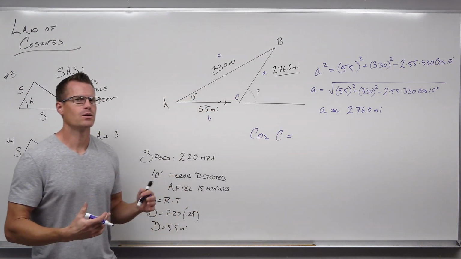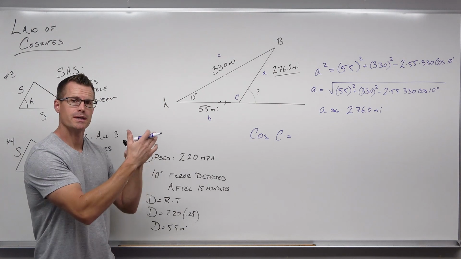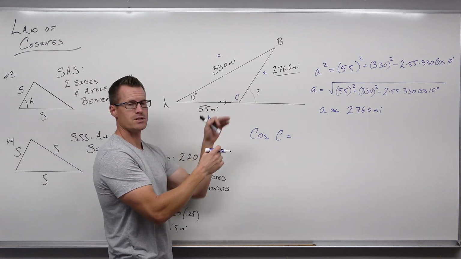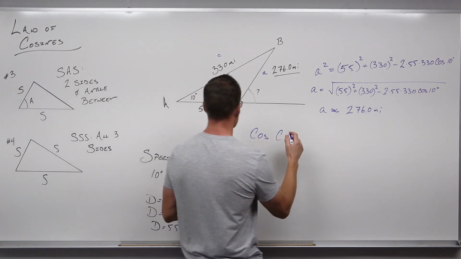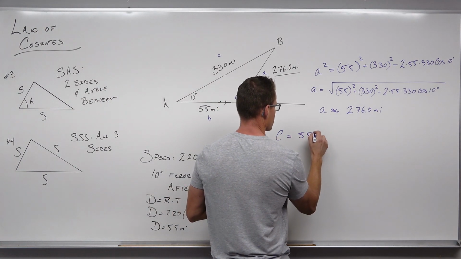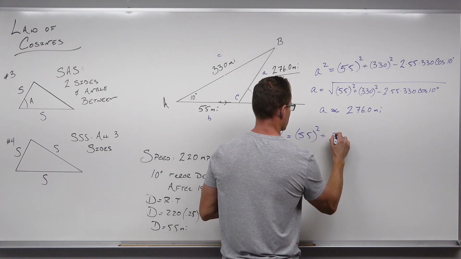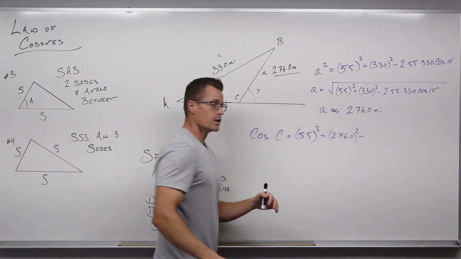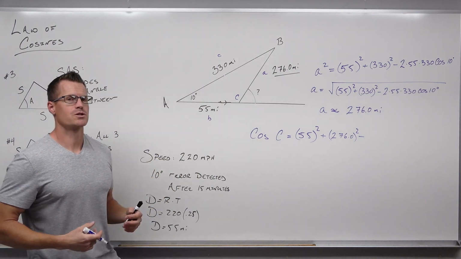When you're finding an angle, it says you need to know the adjacent sides, square them and add them. That'd be 55 and 276.0 squared each. You need to know the opposite side, which we know, it's 330.